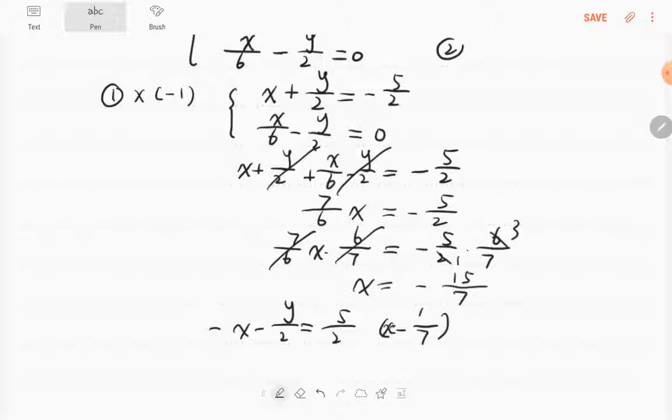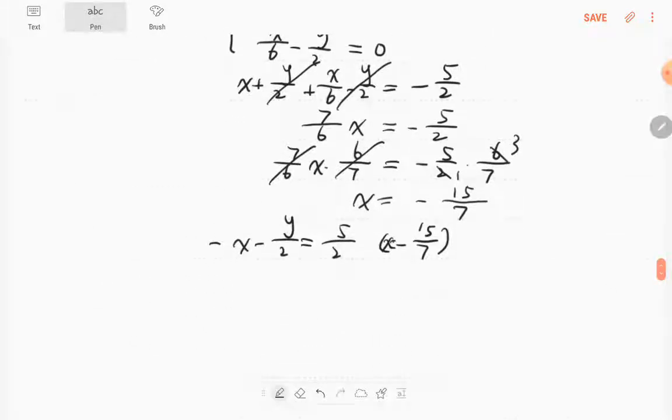X is negative 15 over 7. So for the remaining part, we only need to use negative 15 over 7 to replace x. So here, negative x, we will have positive 15 over 7, right? We get y. Copy the remaining part.